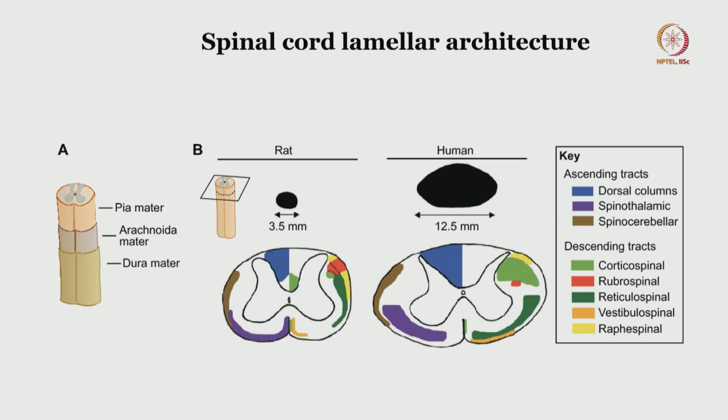So, that is how the lamellar architecture is arranged. You can see there are various descending tracts and ascending tracts. Ascending tracts take the sensation from the periphery to the brain, descending tracts send the signal from the brain to the end organs.